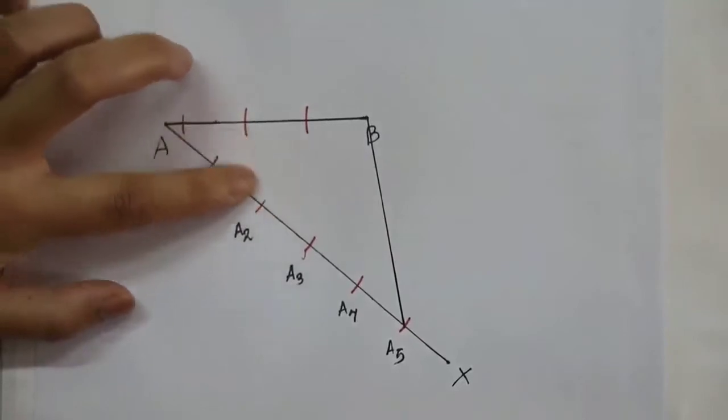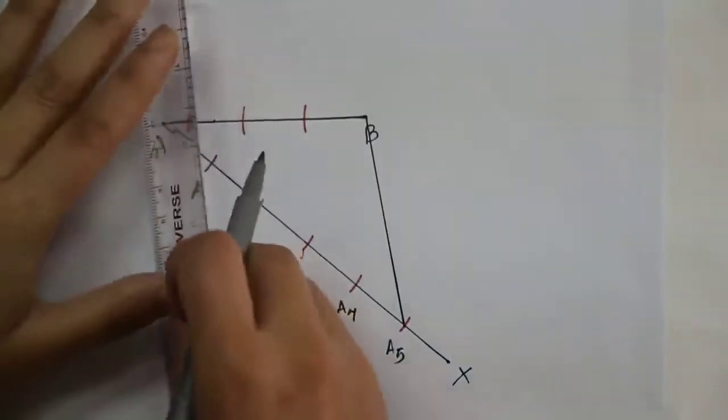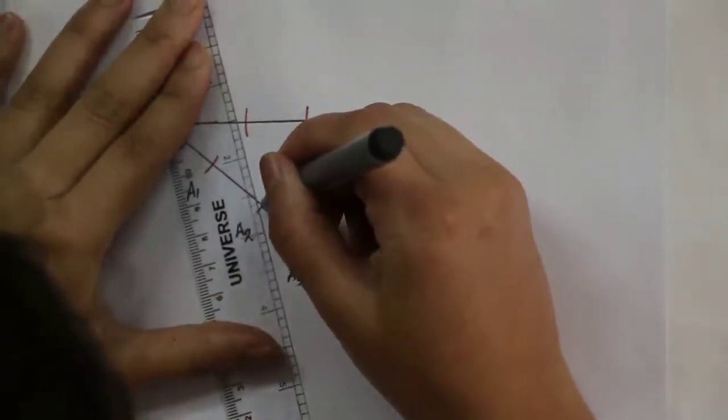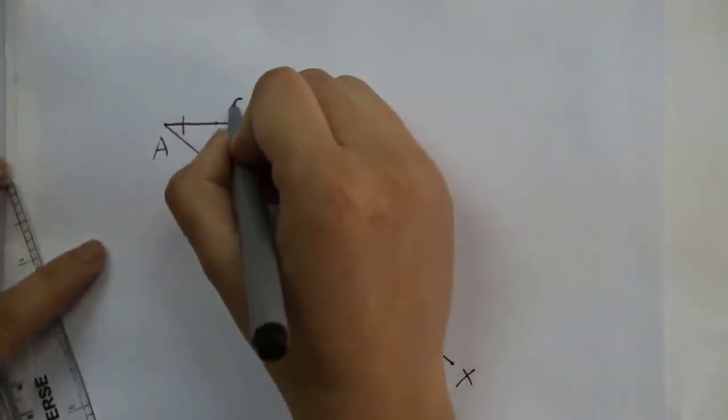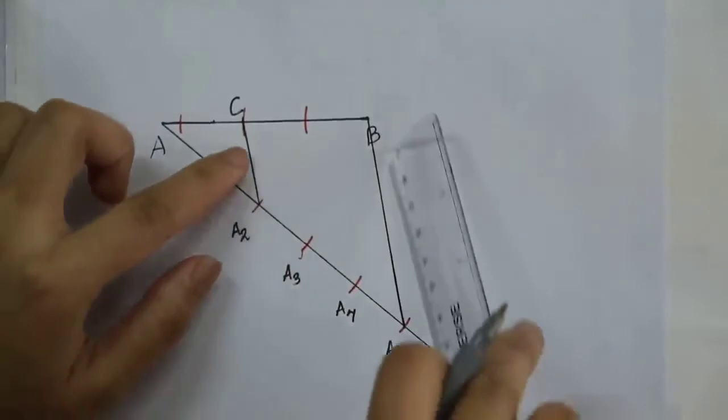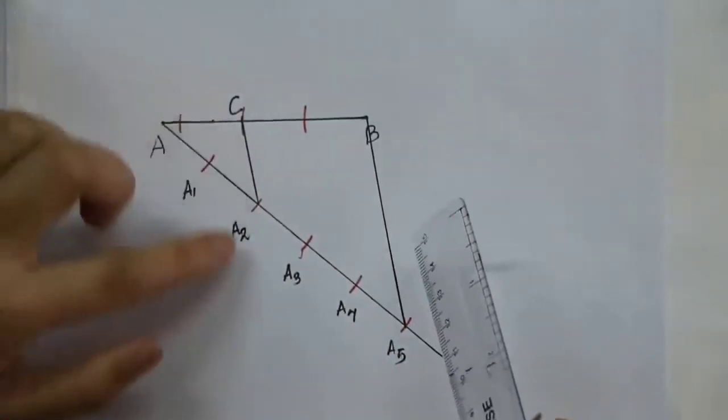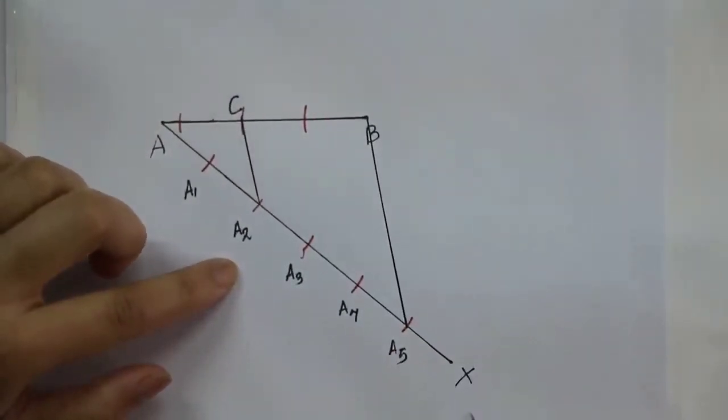You join these two points. Call this one C. These lines CA2 and BA5 are exactly parallel.